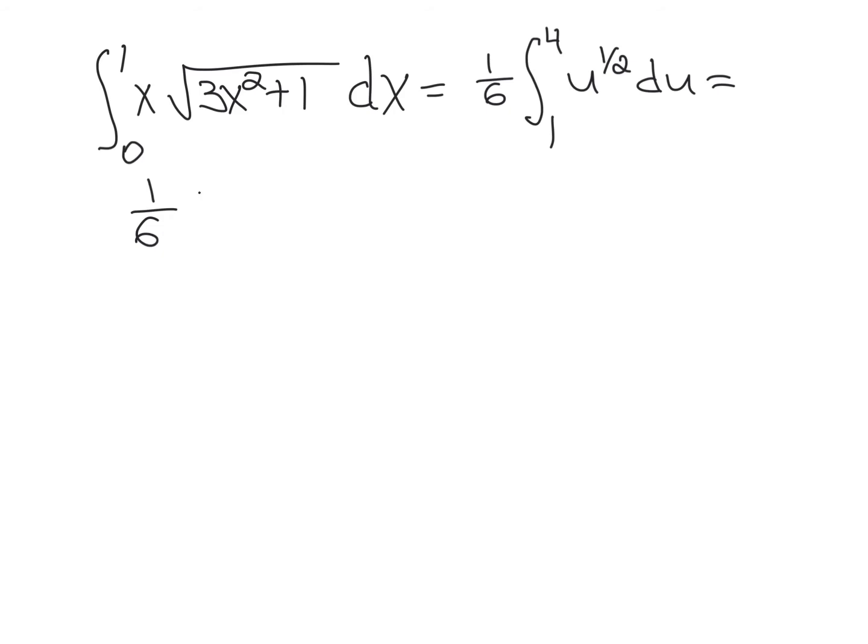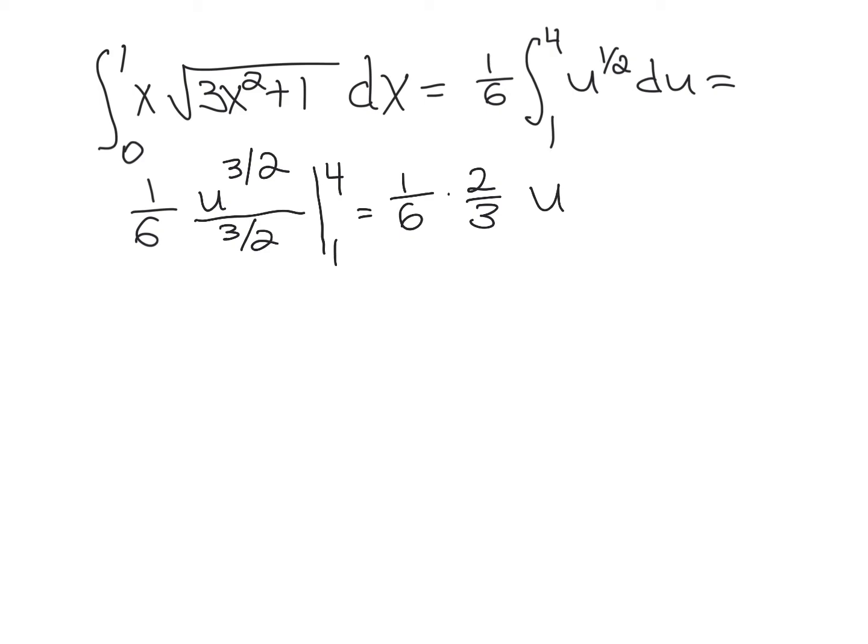This is 1/6 u to the 3/2 over 3/2 evaluated from 1 to 4, and we can rewrite that as 1/6 times 2/3 times u to the 3/2 evaluated from 1 to 4.